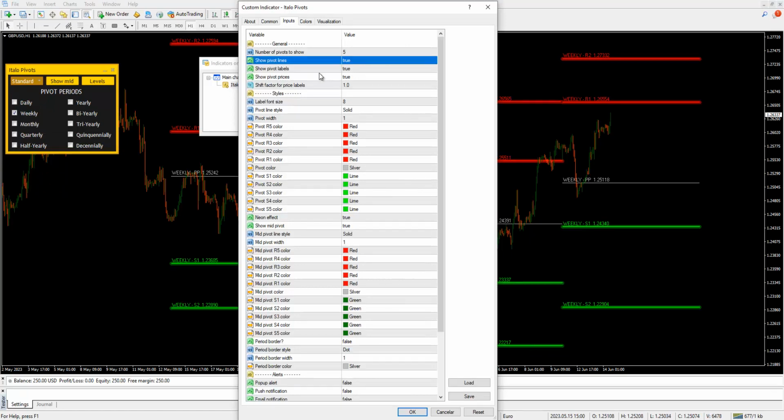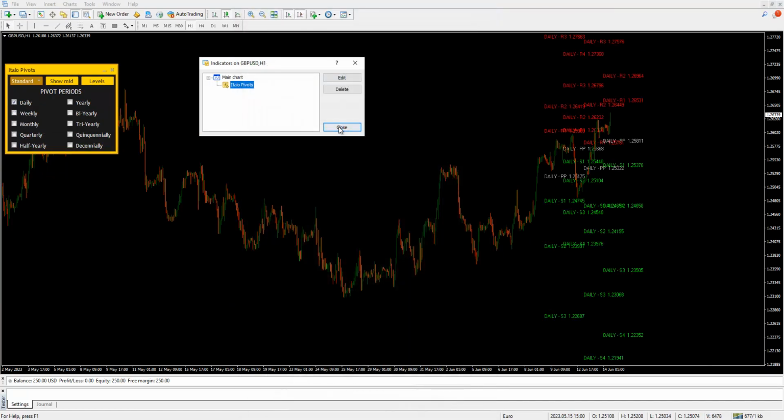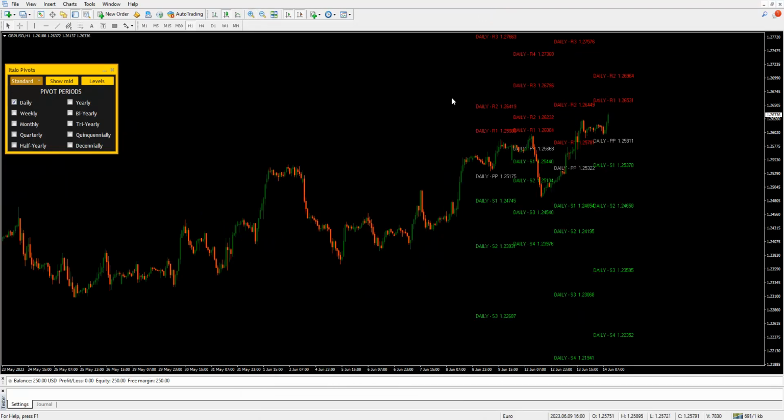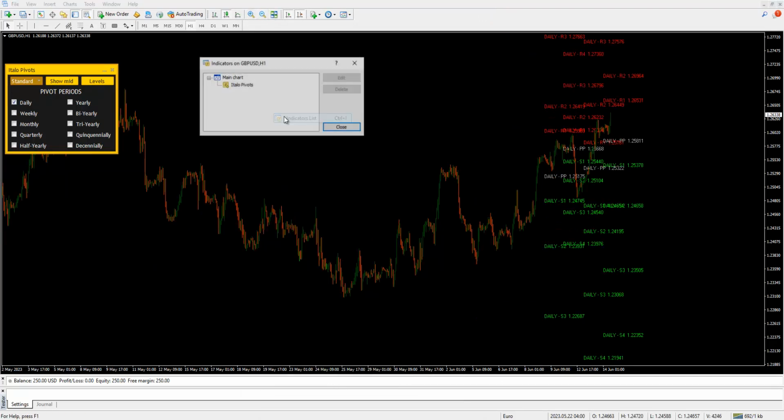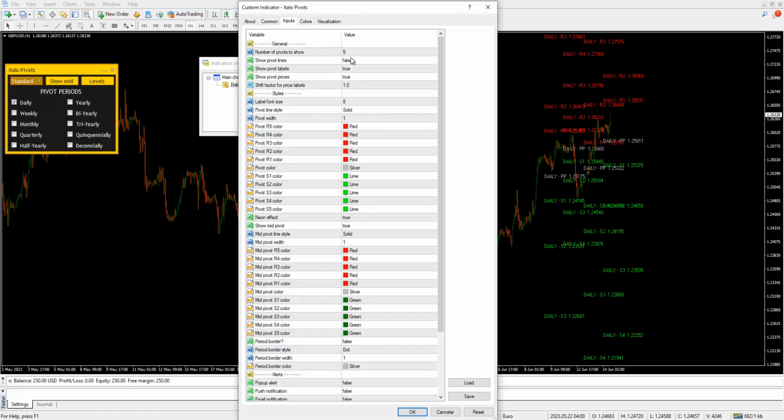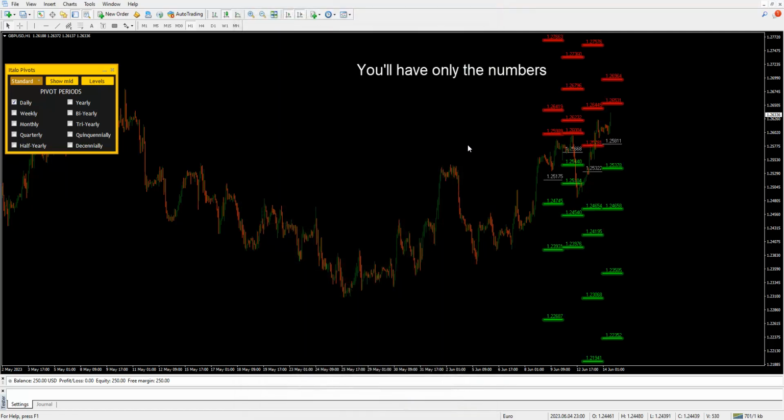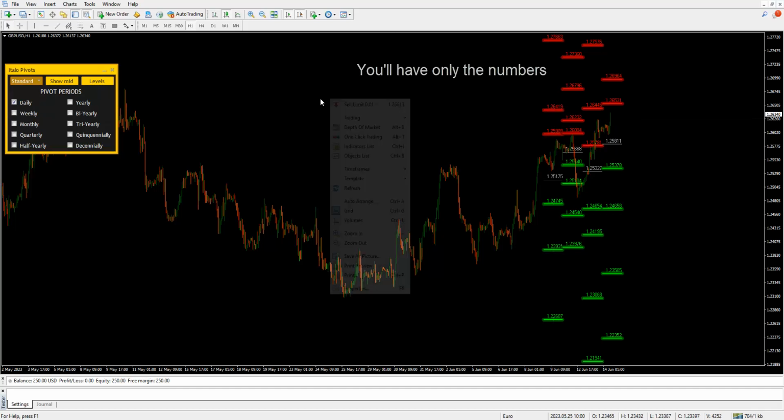Show pivot lines, true. Here, if you put false, you're not gonna see the lines, alright? True. Show pivot labels. You can put false, for example, and you have only the numbers.